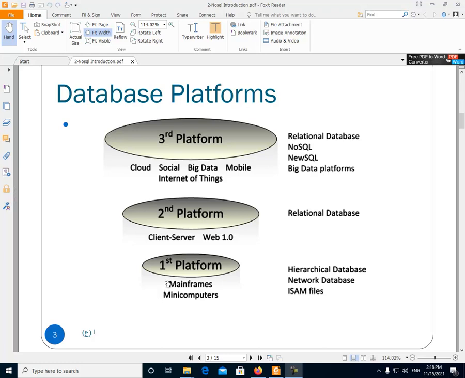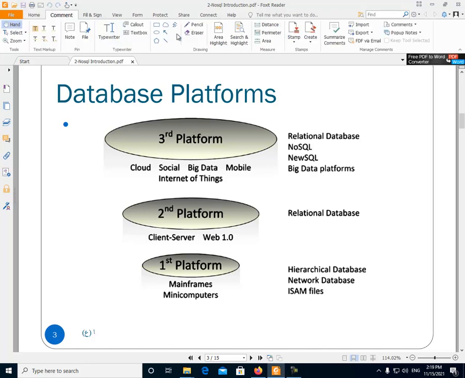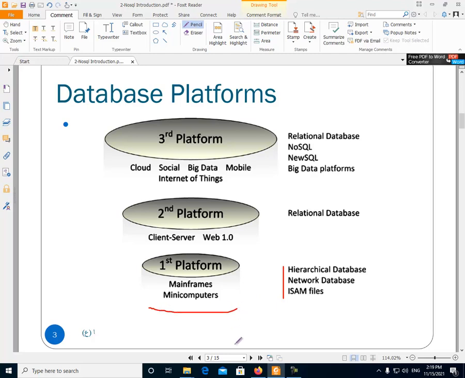In these platforms, the databases which were used were the hierarchical database and the network database. These were the two different databases used in these platforms. This was the first platform, maybe about 50 years ago or more.